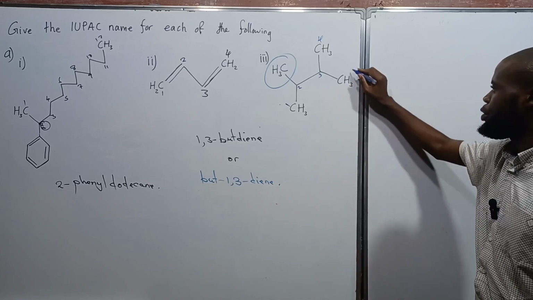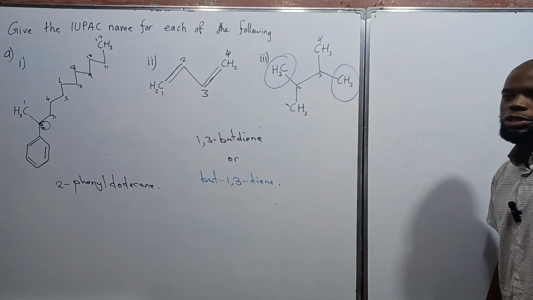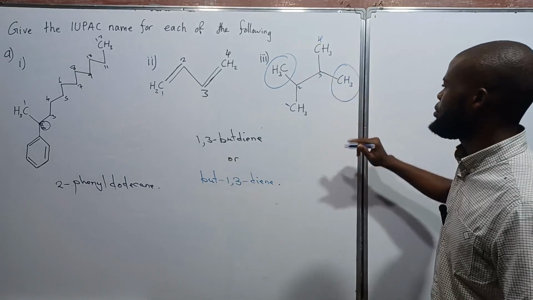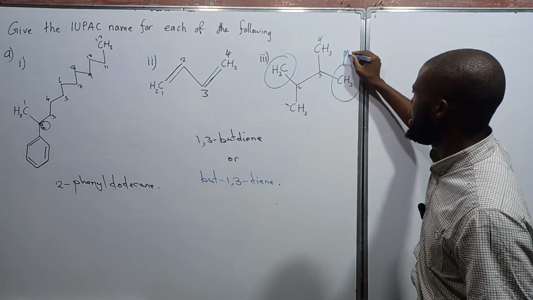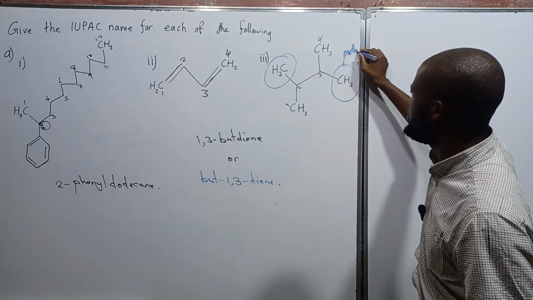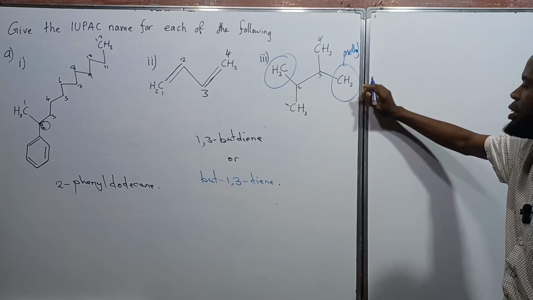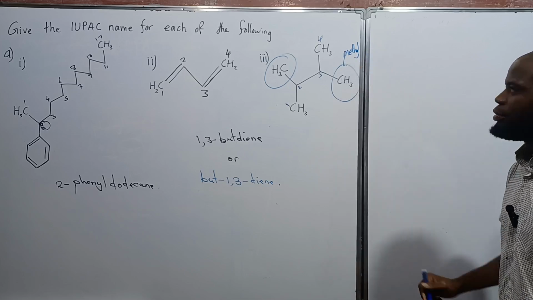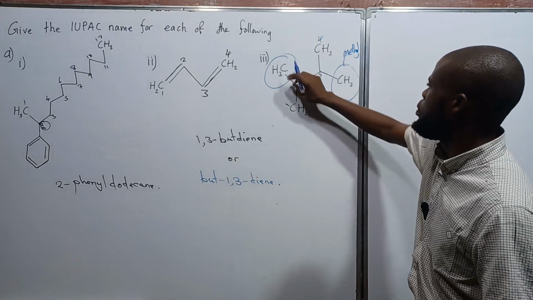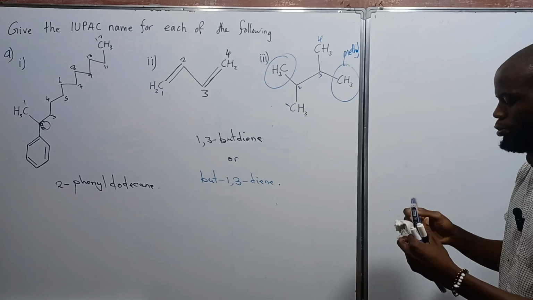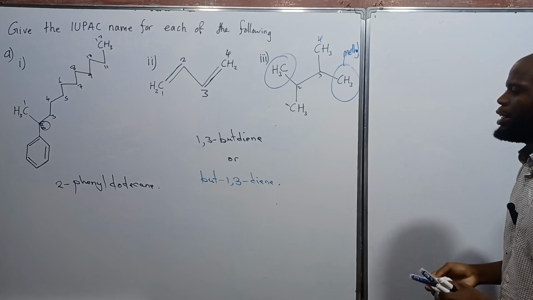And then at carbon number 3, there is also a substituent attached. The CH3 substituent is called methyl. So when a methyl group occurs as a substituent, it's called methyl. Altogether, we have 2 methyl groups attached at carbon number 2 and also at carbon number 3.